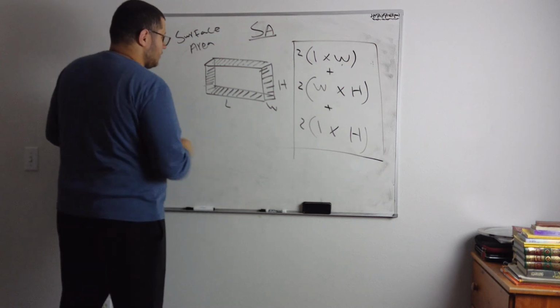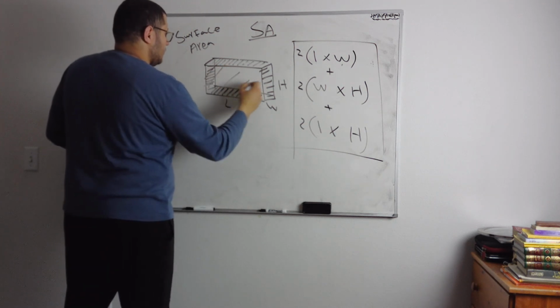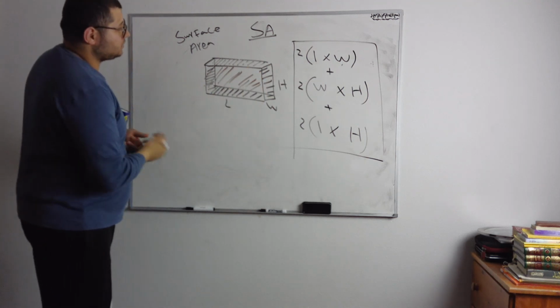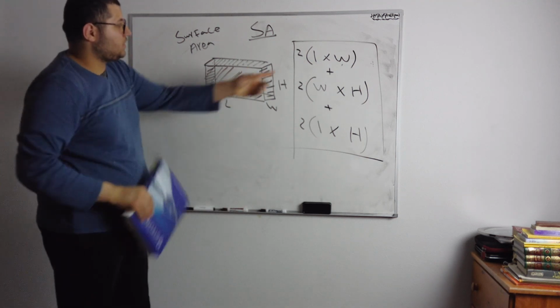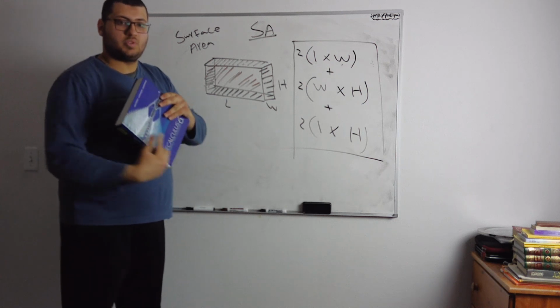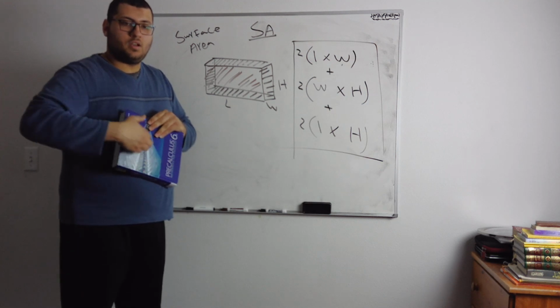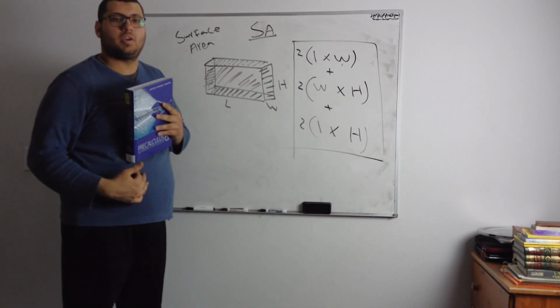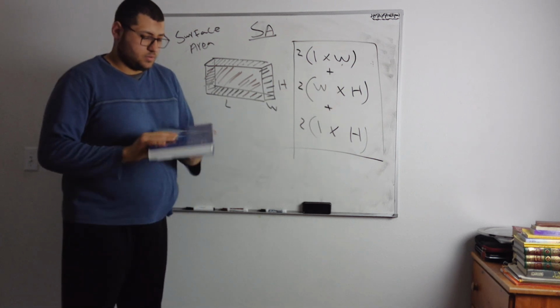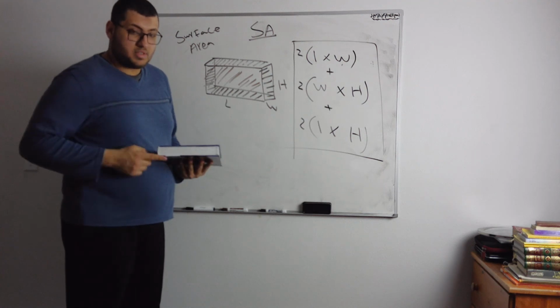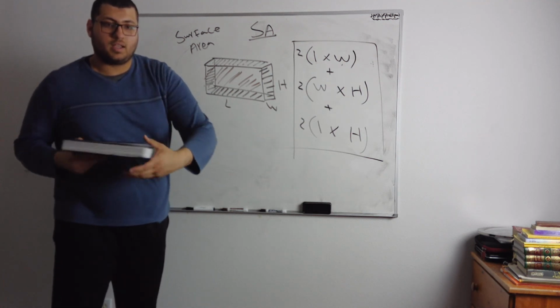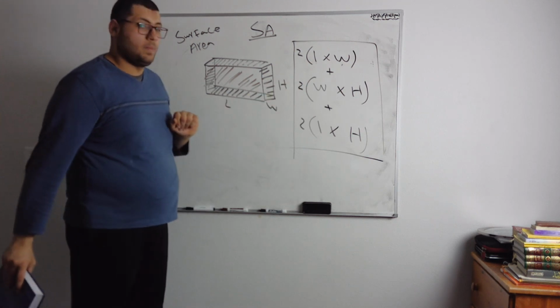So we did this, and we did the back part too. We accounted for all surfaces. Length times width: I found the area of this face, and to account for the one in the back, I multiply that by 2. Width times height: I found the area of this part, but to account for the part in the back, I need to multiply by 2.